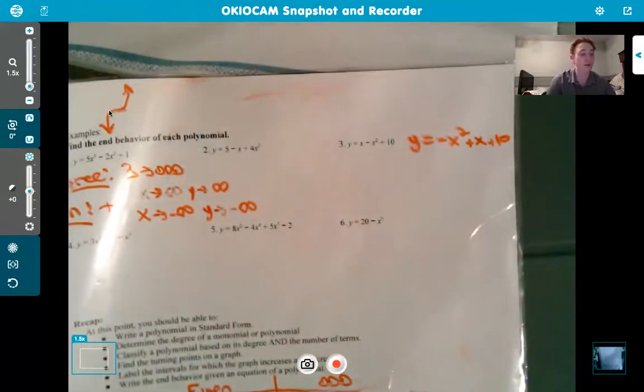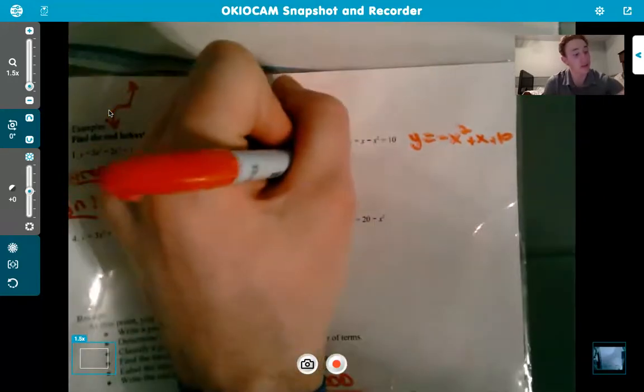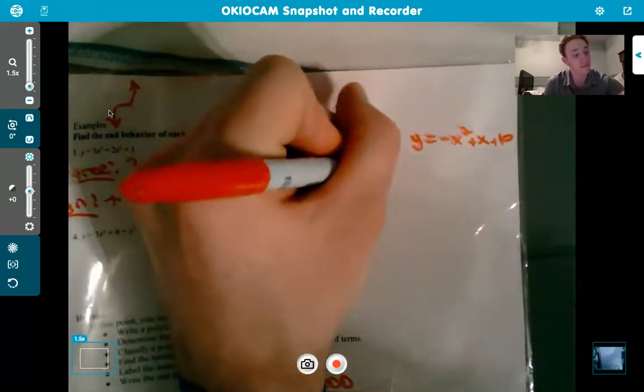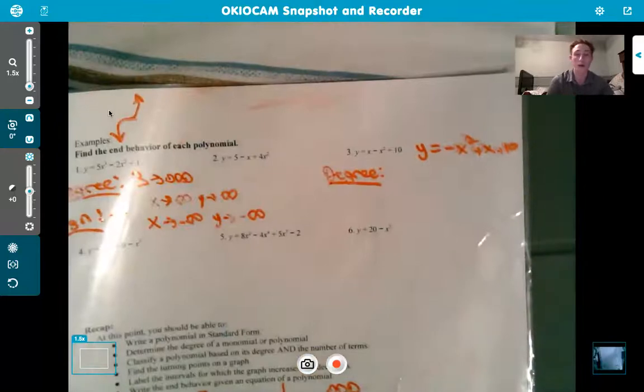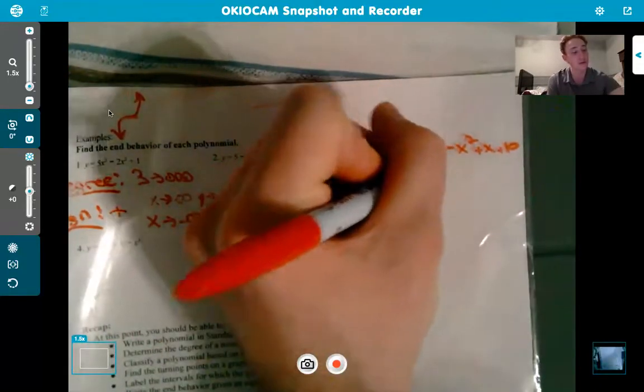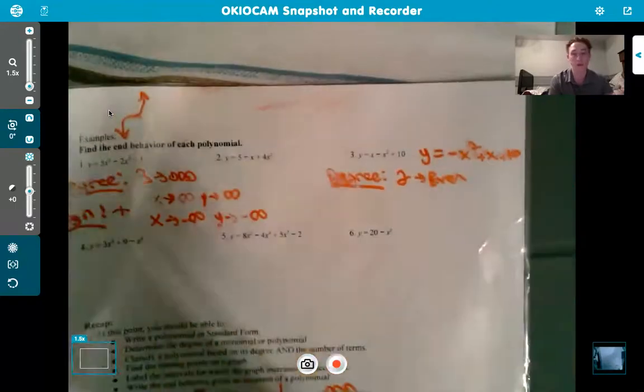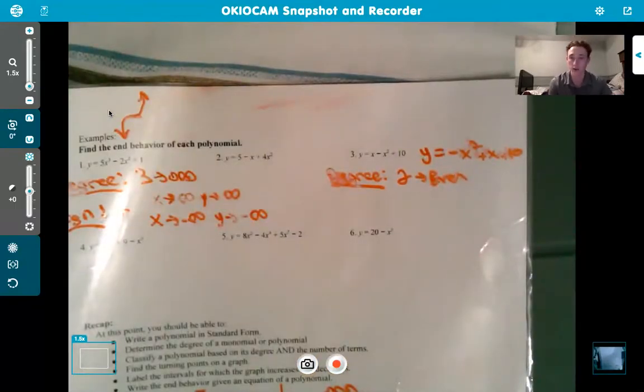So negative x squared plus x plus 10. I determine my degree. Well, the degree of this polynomial is 2, which is even, right? It has an even degree.